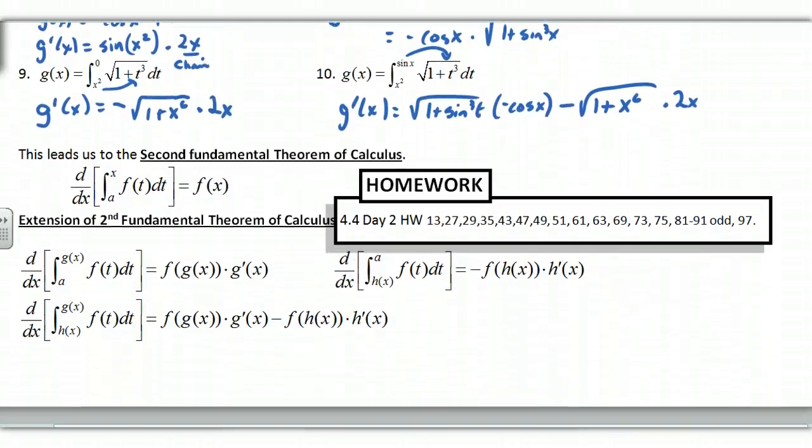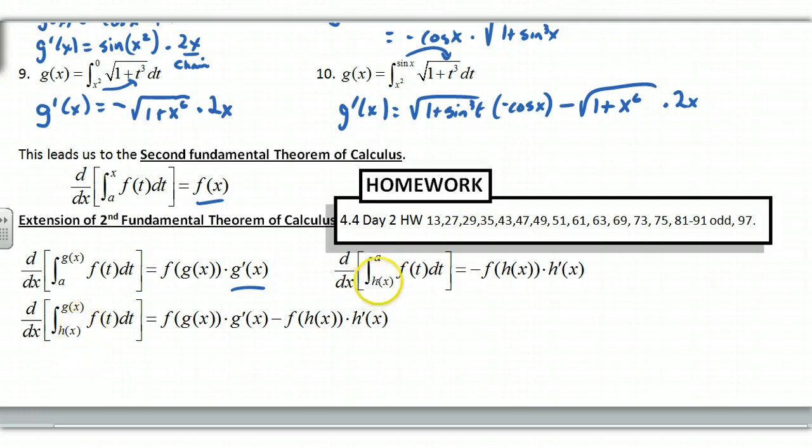And this leads us to the second fundamental theorem of calculus. The integral and derivative are kind of inverse functions of each other, so if I take the derivative of the integral, I'm going to be back at my function right here. And so that's what happens. If the function is in the upper limit, and this is g of x, not just x now, you're going to have to chain off by the derivative of this top function.